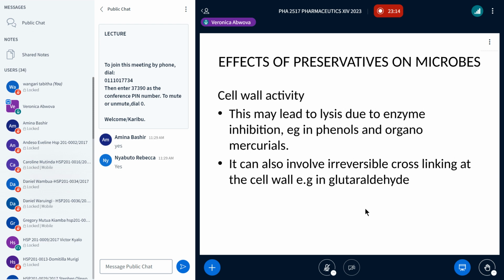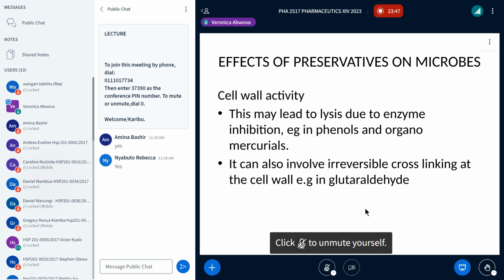We've talked about some of them chelating ions, others working on the cytoplasm, others working on the membranes and phospholipid bilayers. But now I want us to look at the effect of this action. When they work on the cell wall, what happens? This may lead to lysis due to enzyme inhibition.